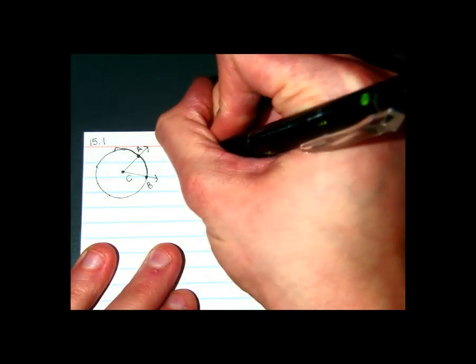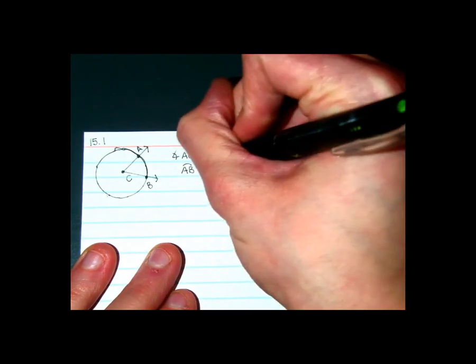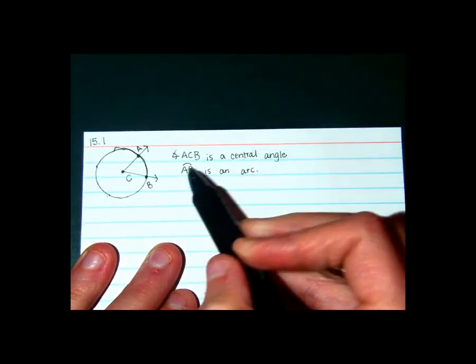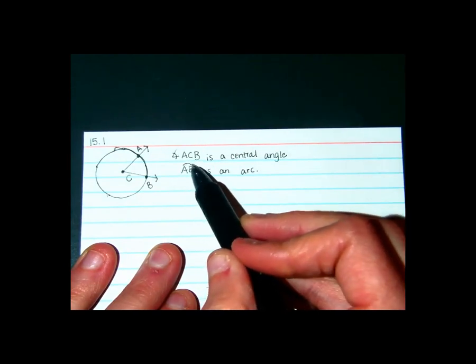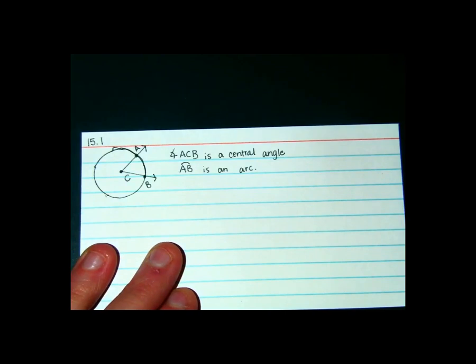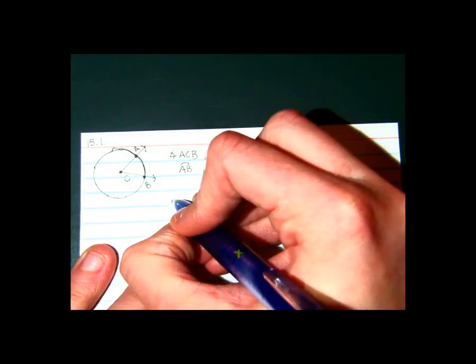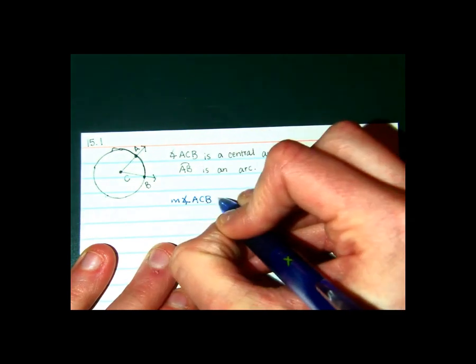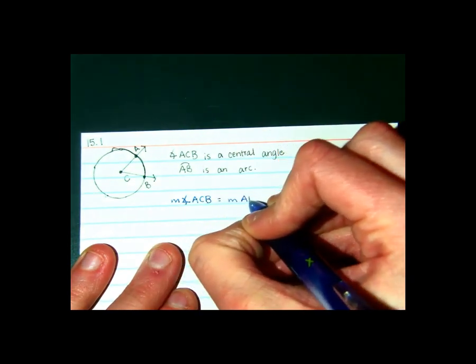You need to know also that AB is an arc. Arc is denoted with this little curved arc literally right over it. This is the only definition that will have a measurement idea with it. The measure of this central angle, ACB, is the same as the measure of the arc.